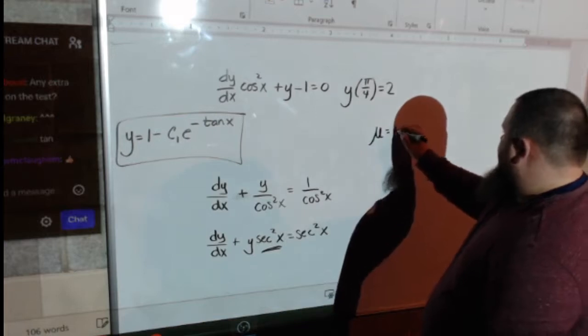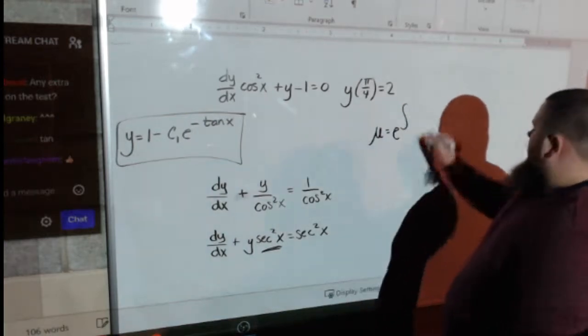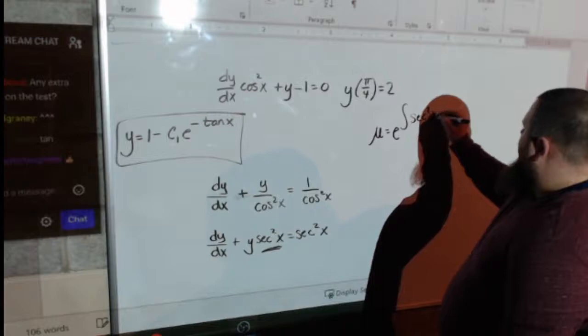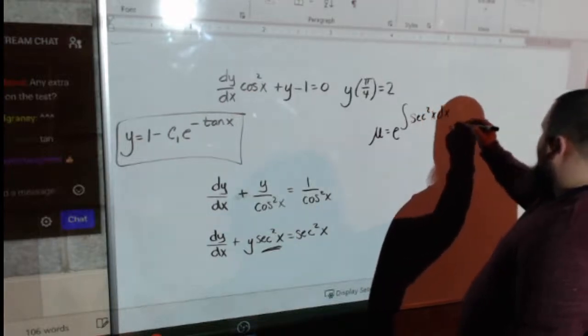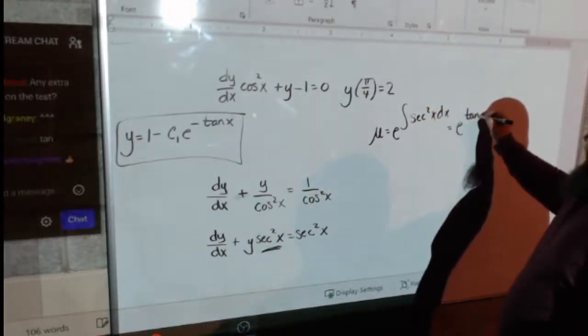Mu is equal to e to the integral of secant squared dx. We've already figured out that that was tan x.